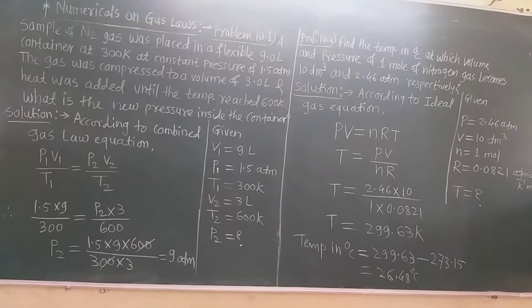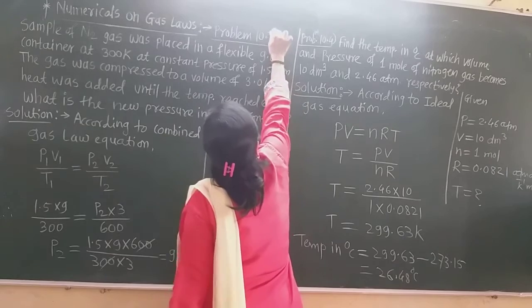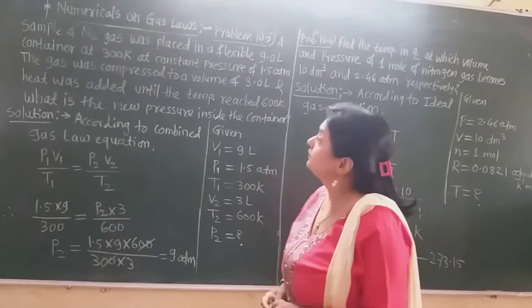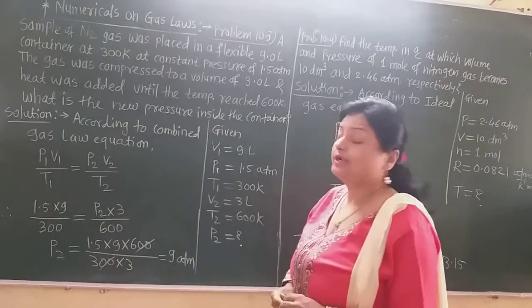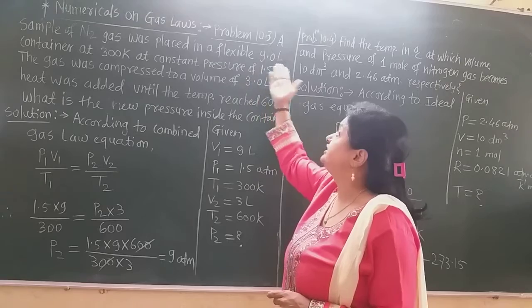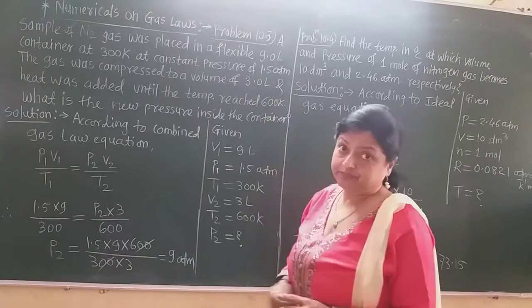Now consider the third numerical, problem number 10.3. What is given in this numerical? A sample of nitrogen gas was placed in a flexible container of 9 liter.